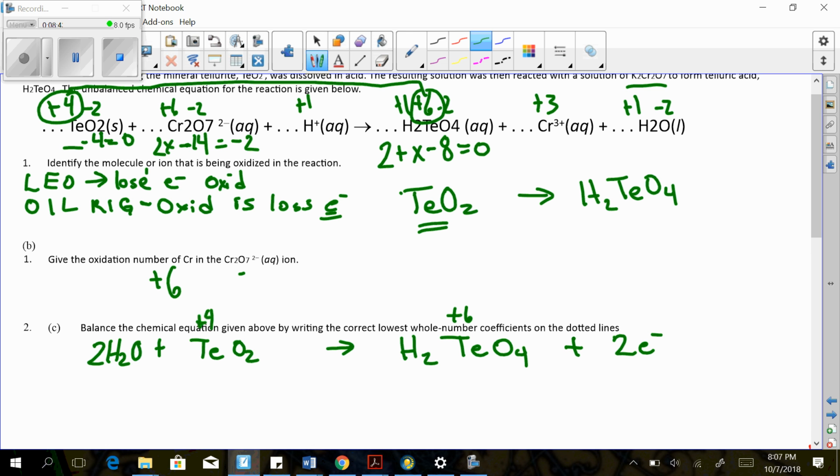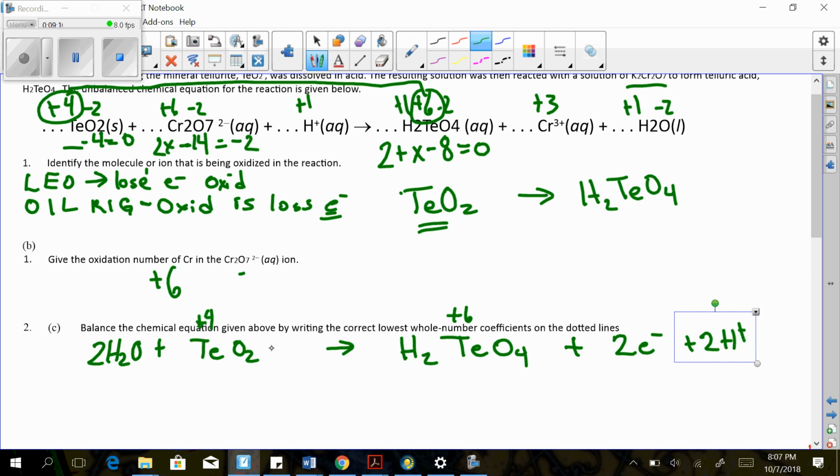And then the last step is, because it occurs in acid, I'm going to add H plus to one of the sides to balance my hydrogen ions. And so I have 4 on this side, and I have 2 on this side, so I'm going to add 2 more to this side. Okay. And so let me double check.